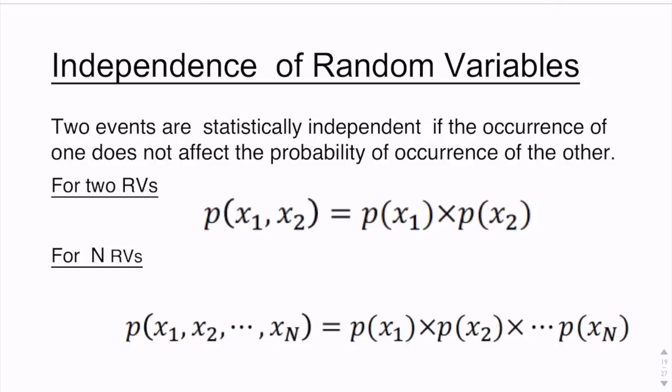If this is the case, then the joint distribution of random variables can be factorized into individual probability distributions of random variables.